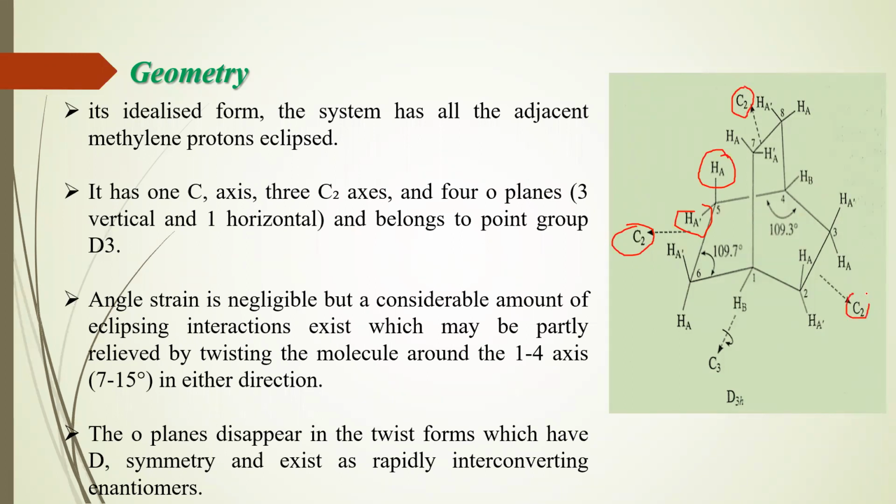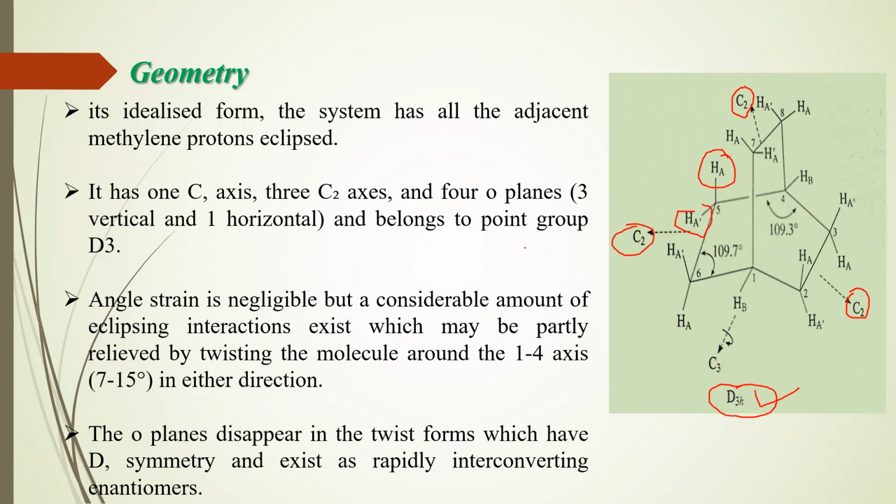This C3 axis of symmetry is present in that group. On a 4 sigma plane, the 3 vertical and 1 horizontal belong to the point group, and the point group is D3h, the point group of that molecule.